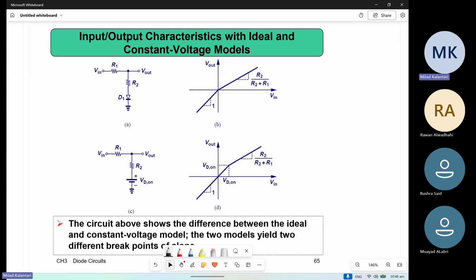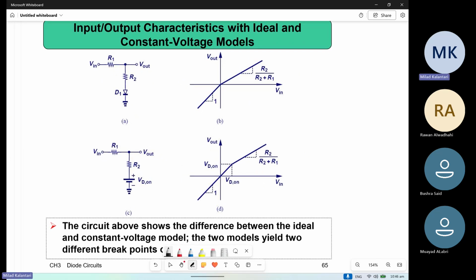So here is trying to show a little bit more accurate V in, V out curves. Let's say this is the ideal model, the first one. How do the input and output change? Let's say the V in is very negative. What is happening?